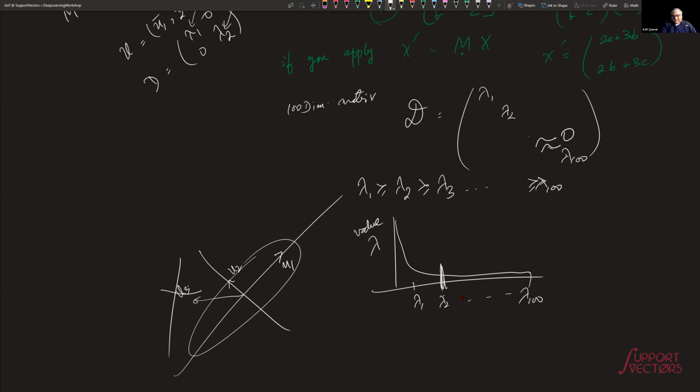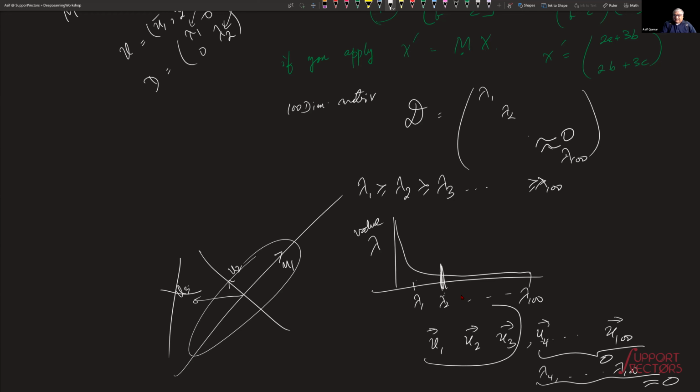So what you have done is you have reduced the dimensionality of the data to just the U1, U2 eigenvectors, and maybe U3 also in this particular case, but you have ignored U4 to U100. You have set lambda4 all the way to lambda100 to approximately 0, because they are much smaller than lambda1.